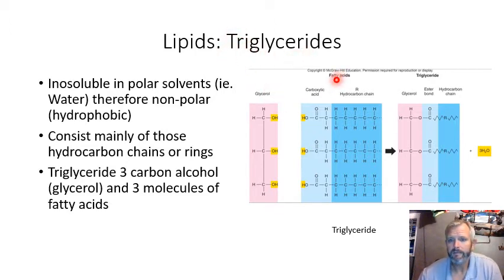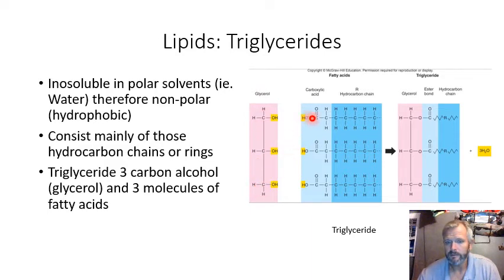Fatty acids are these long chains of carbon with a carboxyl group, right? Carboxyl functional group making it an acid. So we get 3 of these fatty acids, and they bind to a glycerol, a 3-carbon backbone here.